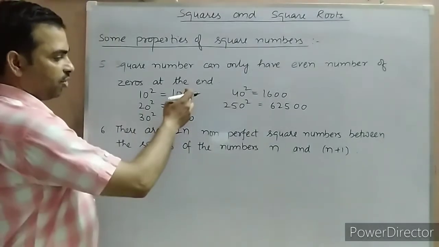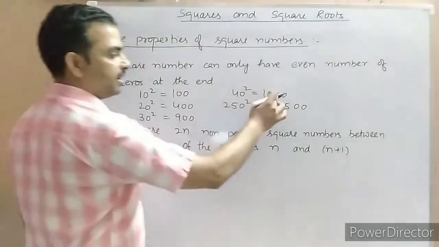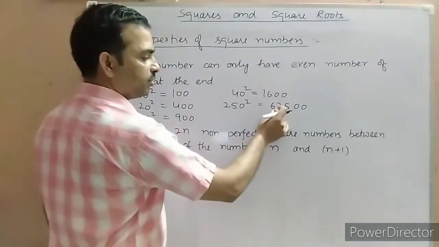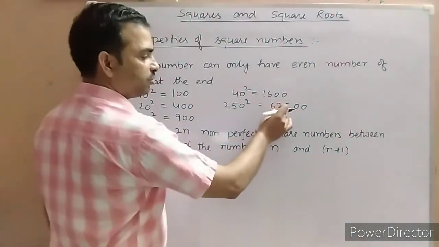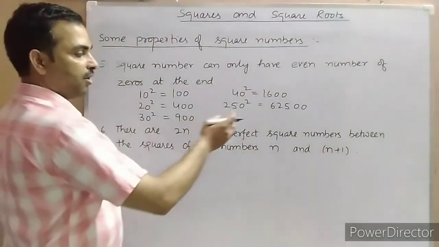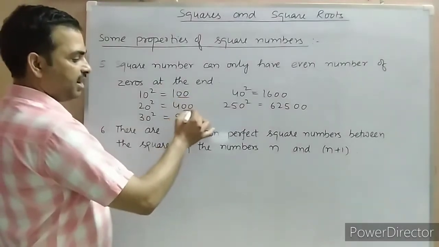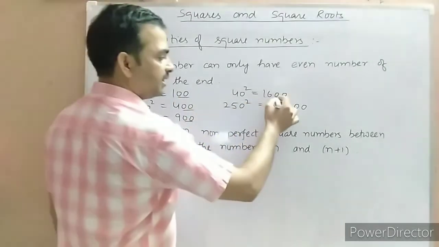Okay, these all are perfect square numbers: 100, 400, 900, 1600, 62,500. We can see that all these numbers have an even number of zeros at the end.